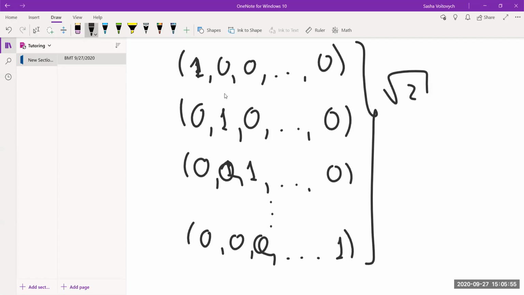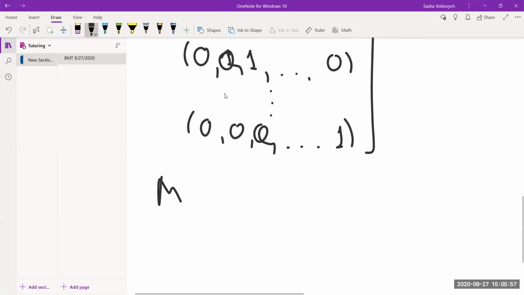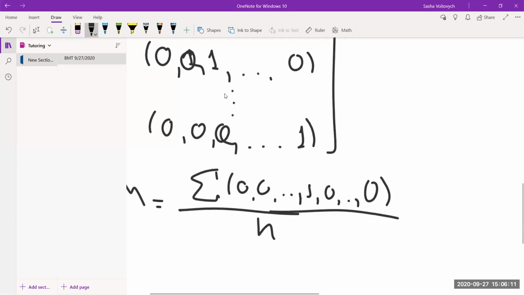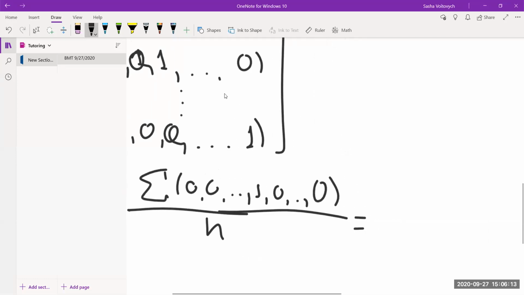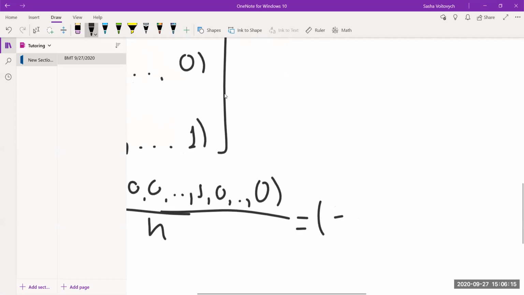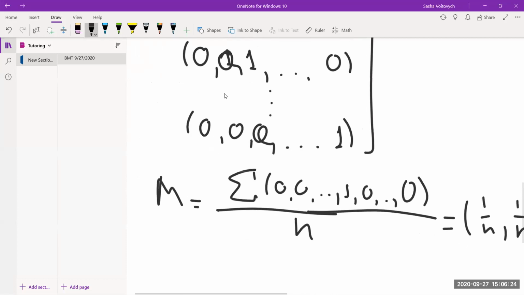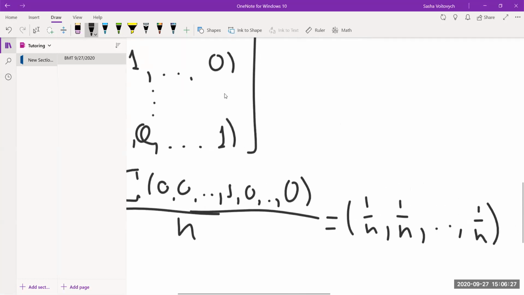So the center of this figure will be point M equal to just the sum of all coordinates divided by n, which has these coordinates. So this will be the center of the hypersphere that we're looking for.